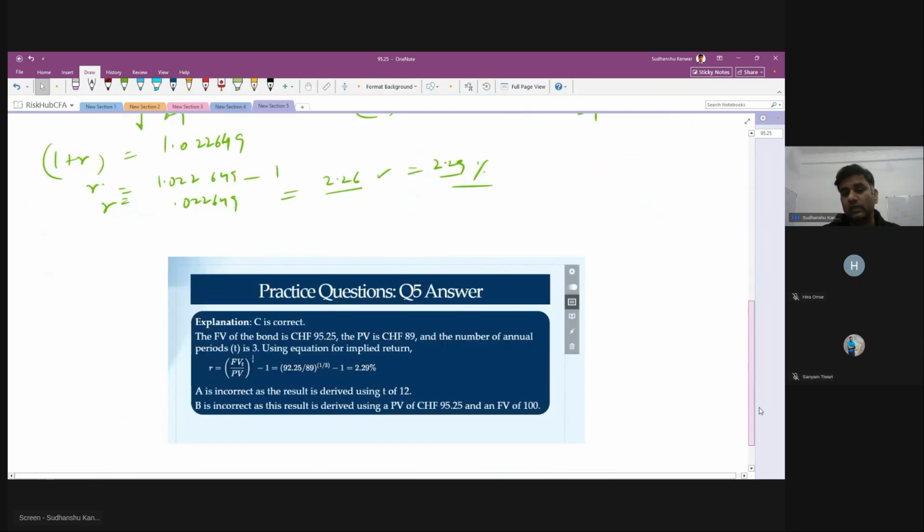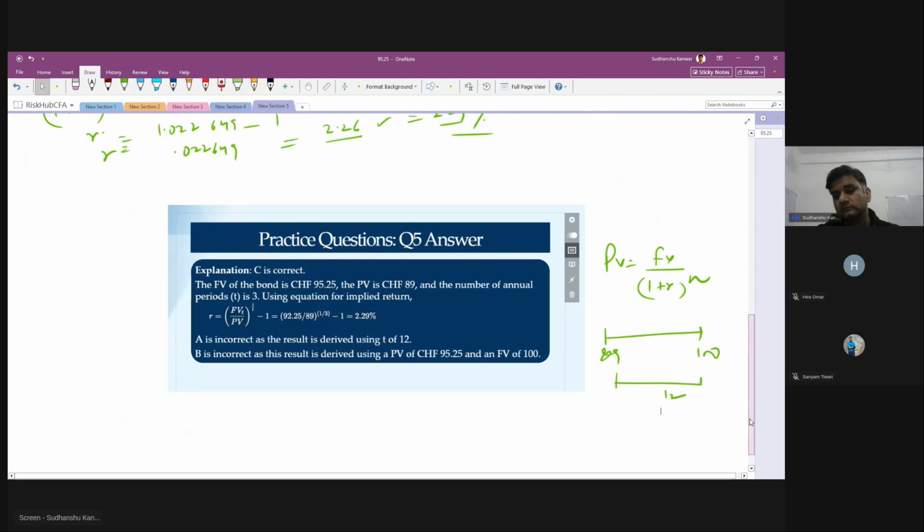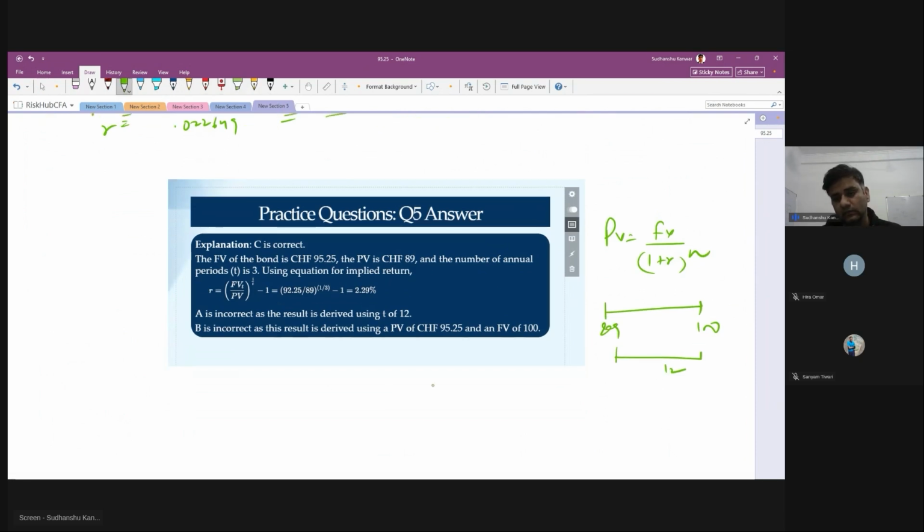If I take the same thing, your present value is equal to your FV, and in between I take nothing. I take only 89, 100, and 12 years. This calculation will be right here. So 89 is equal to 100 divided by (1 plus R) raised to power 12.